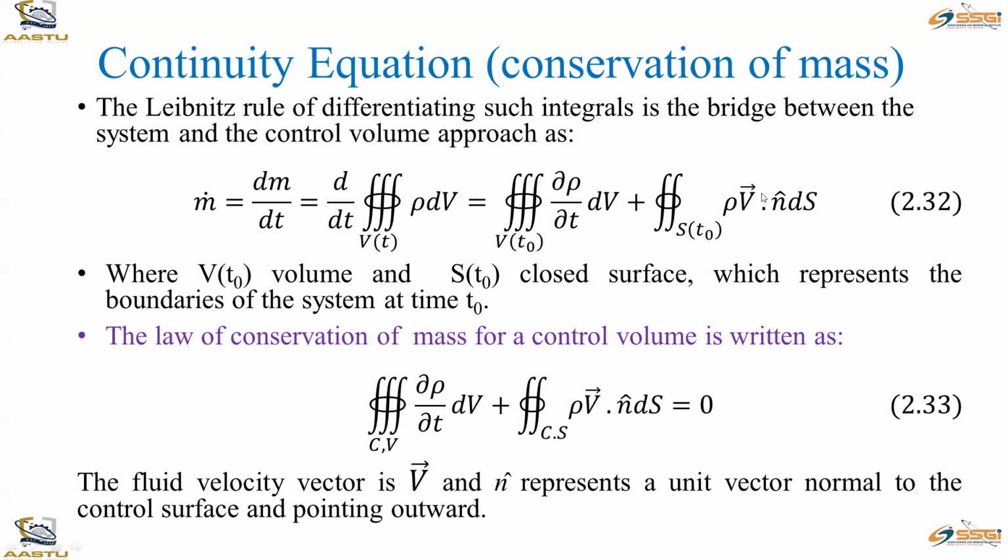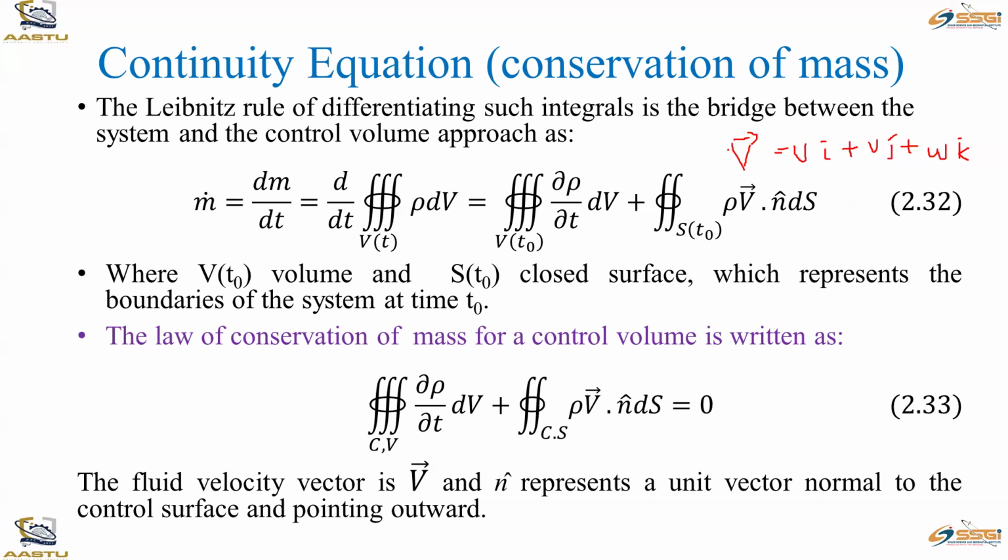So the vector V can be represented in velocity form: the velocity vector V is equal to u in the i direction plus v in the j direction plus w in the k direction. That means it is just a vector. u is the velocity in the x direction, v is the velocity in the y direction, and w is the velocity in the z direction.